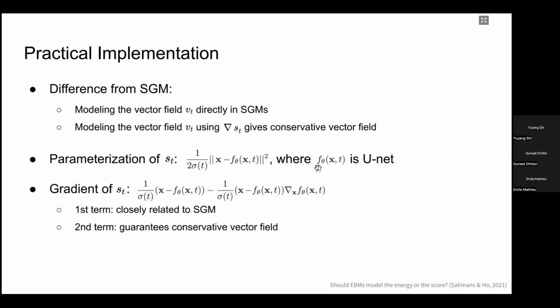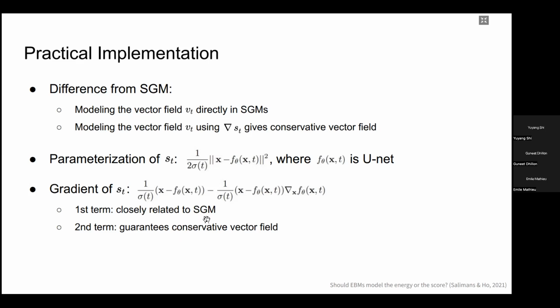So still we want to have some kind of UNet here, but instead of using a UNet as a vector field, what they've done is plug it into a norm, where the S_t of x is now like the norm of x minus the output of the UNet. And so if you take the gradient of S_t, then you get this.